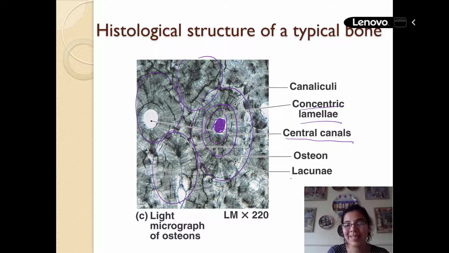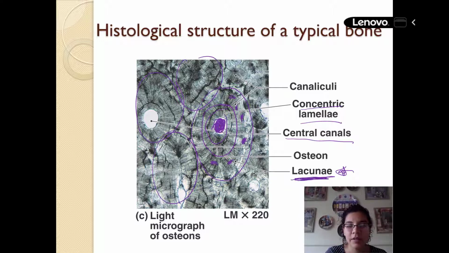The cells reside in little cavities called lacuna, singular, lacunae, plural. The osteocytes are inside the lacunae, and the dark areas here are the lacunae with individual osteocytes.